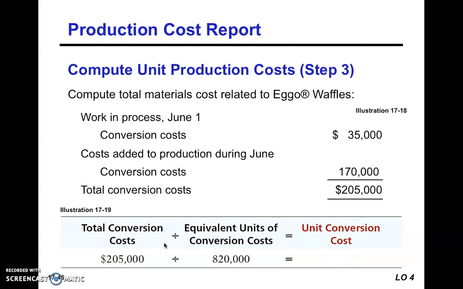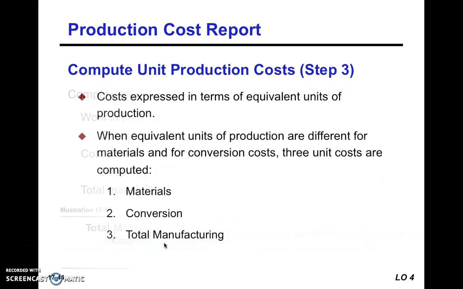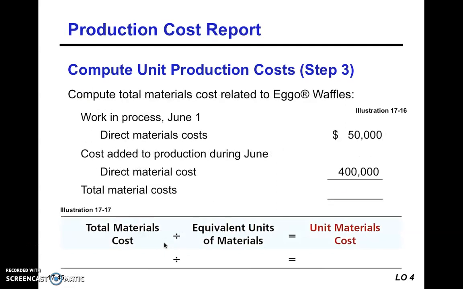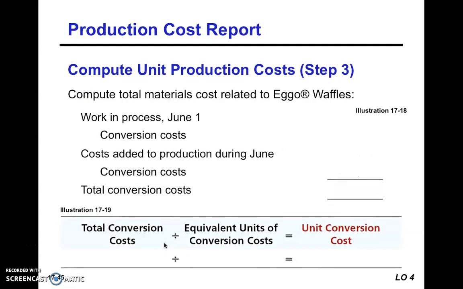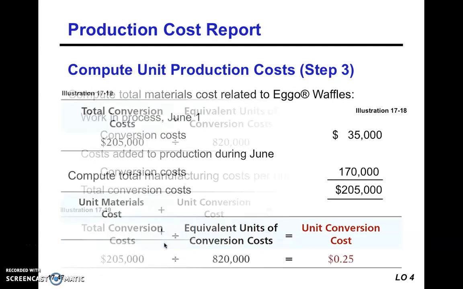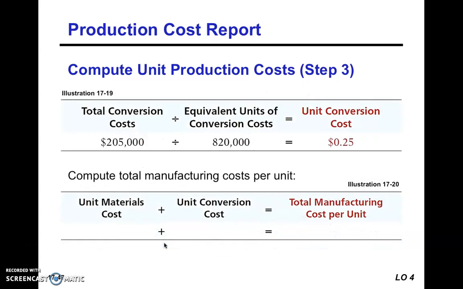If we add the material cost, which was 50 cents, to the 25 cents cost of conversion, we get the cost of one unit. So 75 cents is how much it has cost us to produce those equivalent units of waffle batter that were in the mixing department.